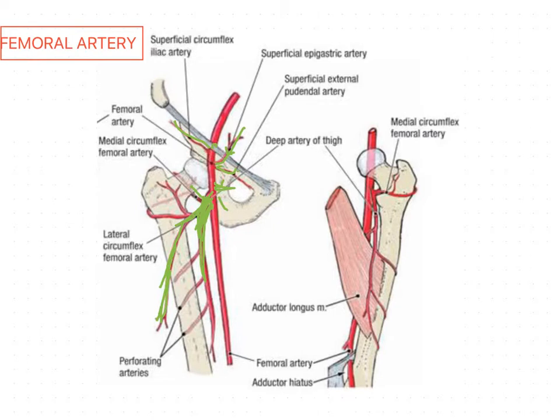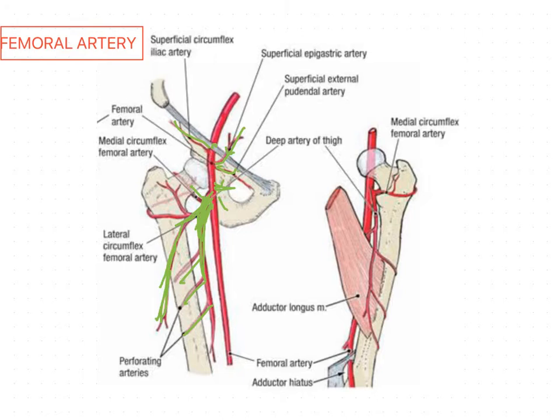These perforating branches will supply the muscles of the medial aspect of the thigh and the posterior muscles, and finally end in the vastus lateralis muscle. So this is all about the blood supply of the femoral artery.